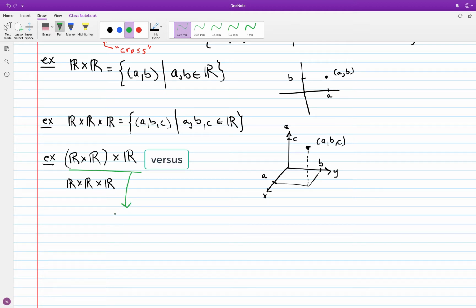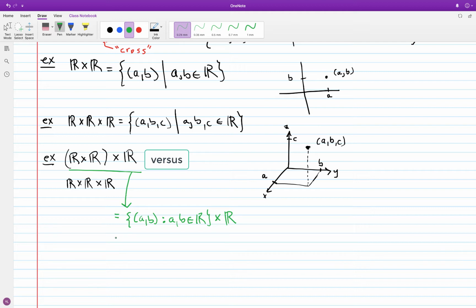So let me write out formally what this is. First, I'm just going to write out the factors. Like this right here is, as I've got written up there, all of the ordered pairs of real numbers. And then the second term is just the real numbers.